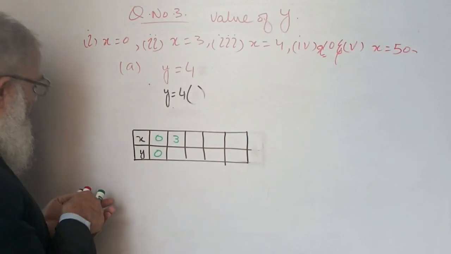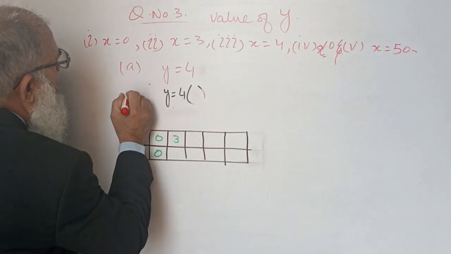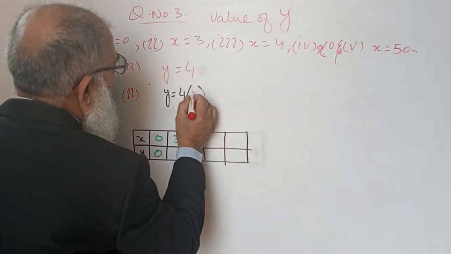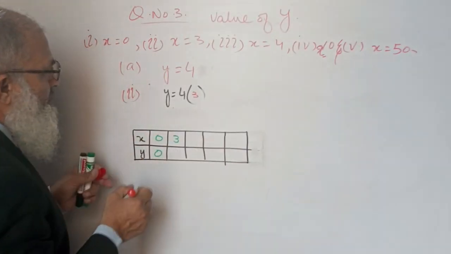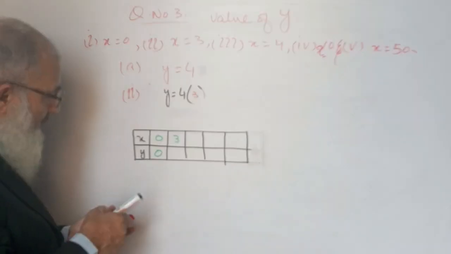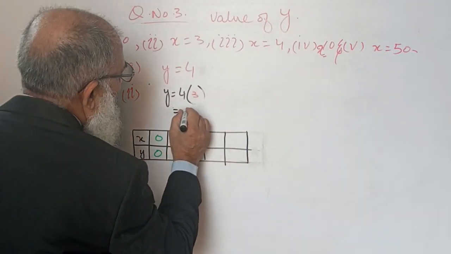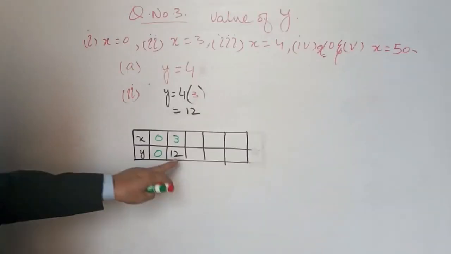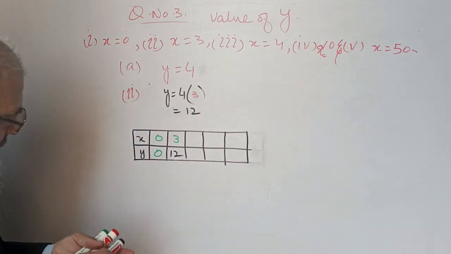And what we get over here in part 2, manipulating 3 instead of x, is 12.